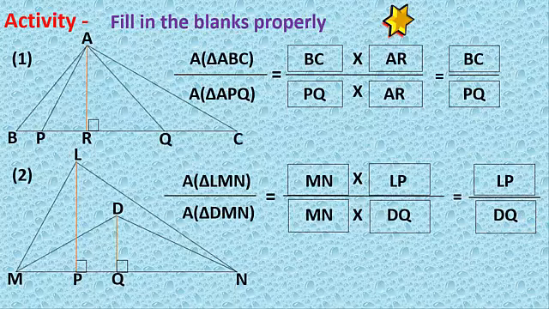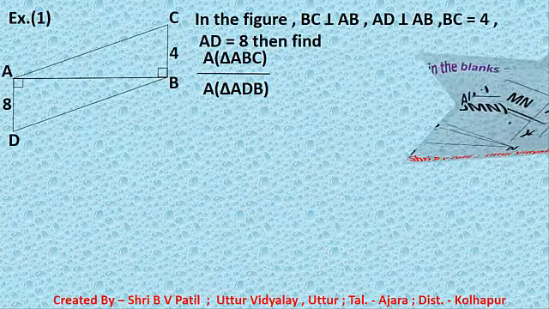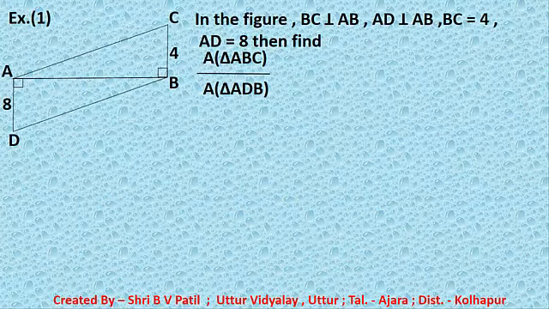Then example first. In the figure, BC is perpendicular to AB, AD is perpendicular to AB, BC value 4, value of AD is 8. Then find area of triangle ABC divided by area of triangle ADB.